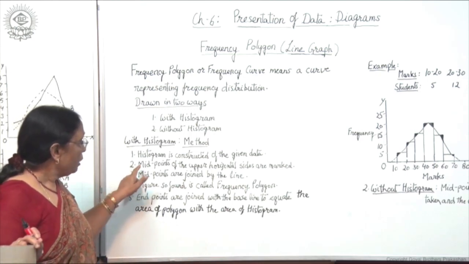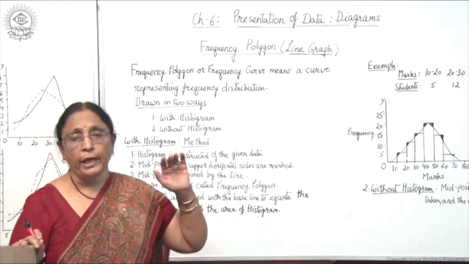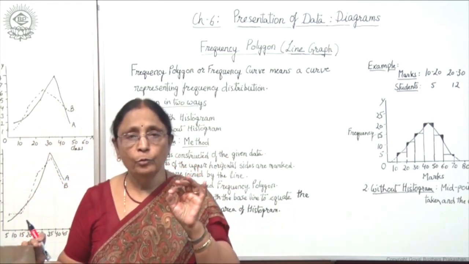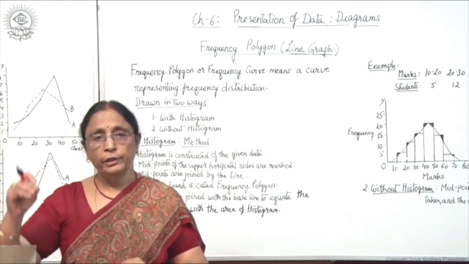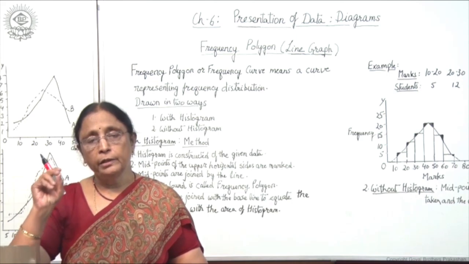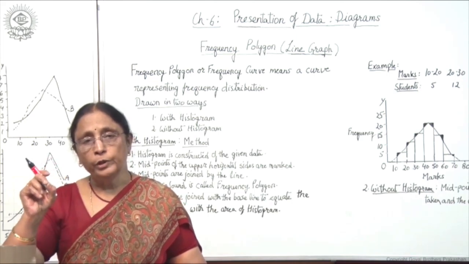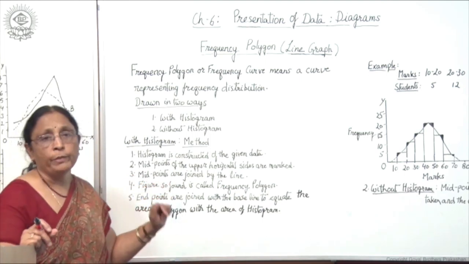Secondly, take out the midpoints of the upper horizontal sides and mark them with points. That means for all the rectangles drawn in the histogram, take the midpoint of each rectangle and mark it with a point. Thirdly, the midpoints are joined by a line.